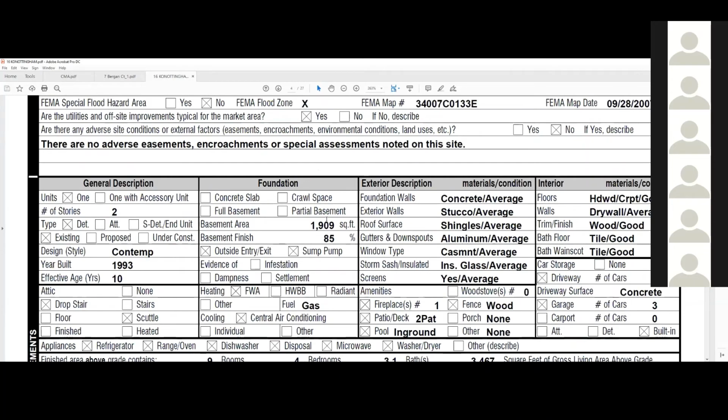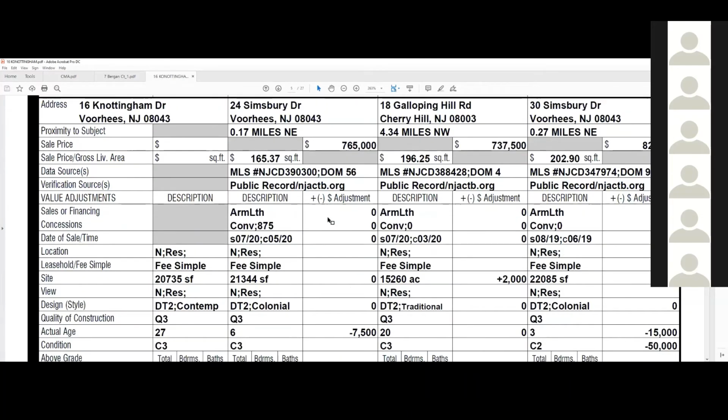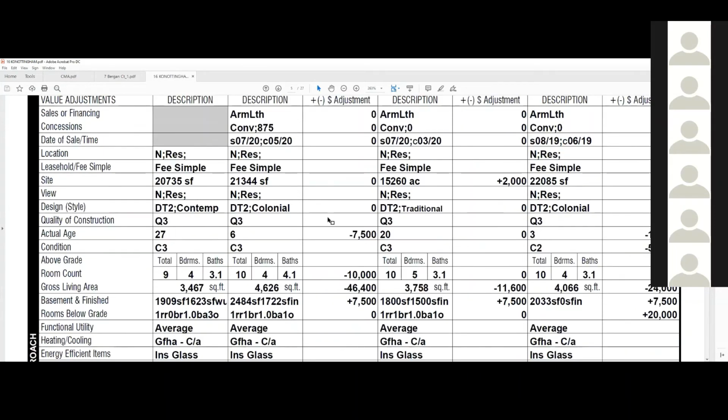So let's look at this property. Here we go. So here's the age of home, 27, 6 years old. They got a $7,500 credit. And you can see how different it is between the appraisers. Some people will not give any credit, but some people will.